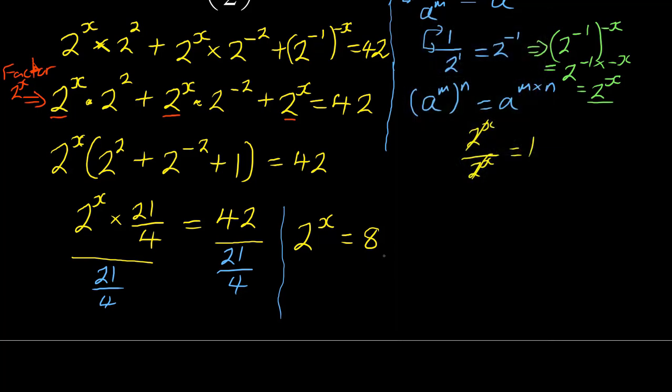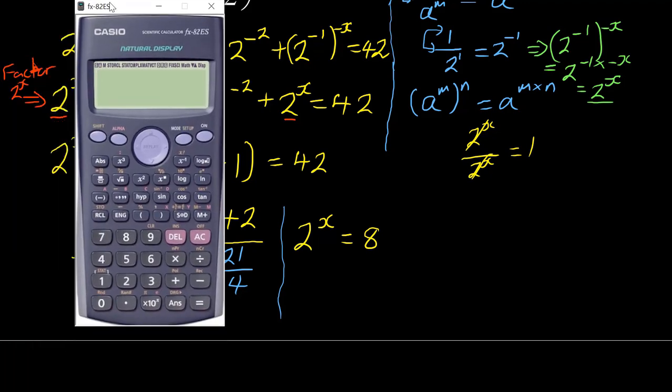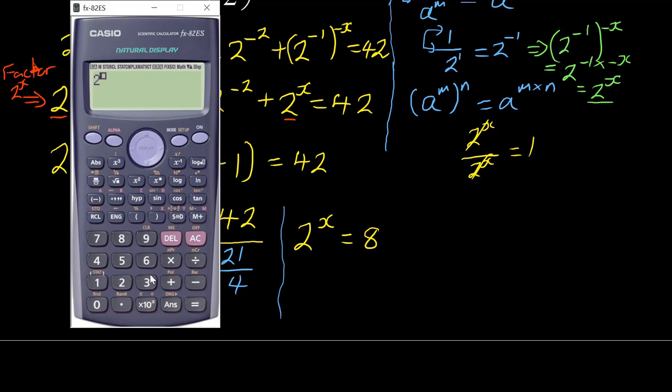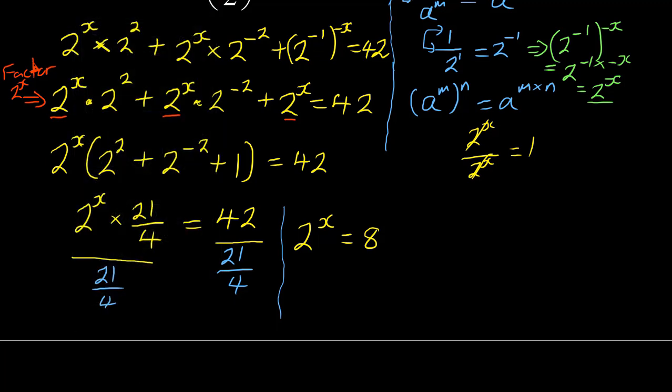Now when you've got your 8, the aim now is to express 8 also in terms of 2, and you can remember that 2 to the exponent 3 is equal to 8. So this would be the same as saying 2 to the exponent x is equal to 2 to the exponent 3.